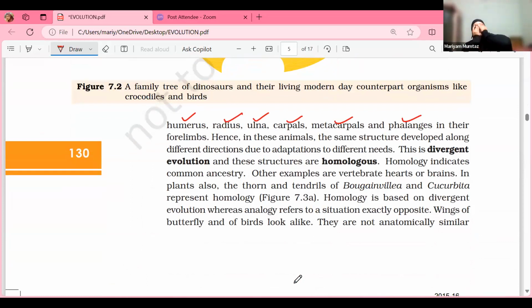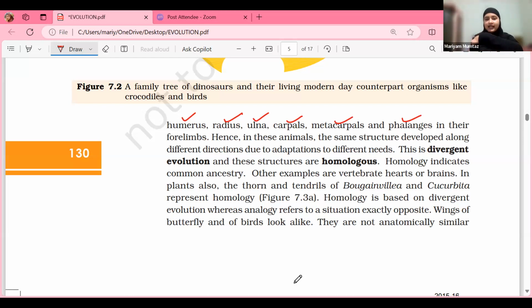Do you know which bones these are? Phalanges are somewhere in the hands, right? Humerus is the upper arm, the biceps part.